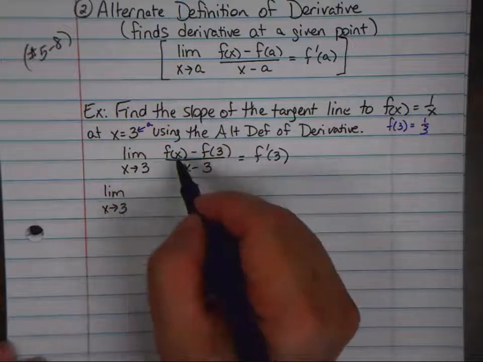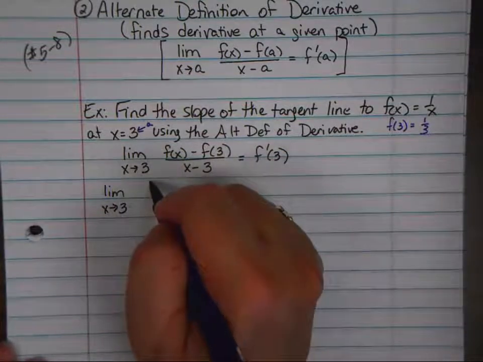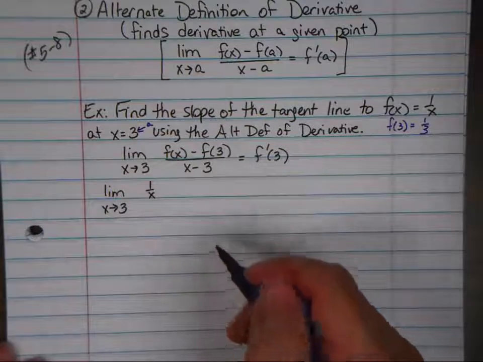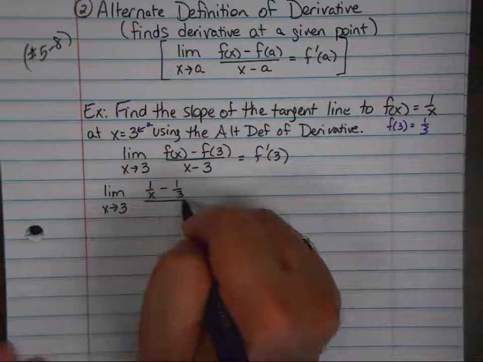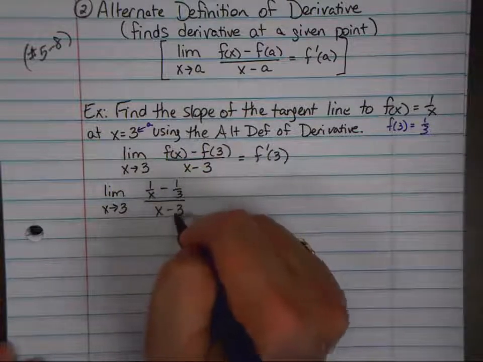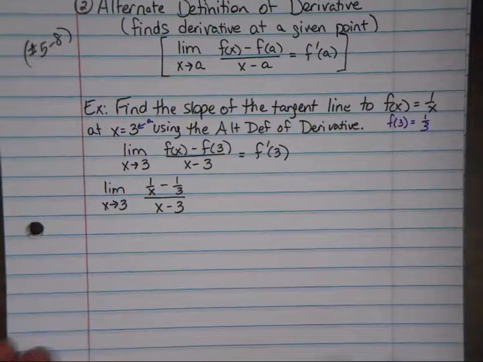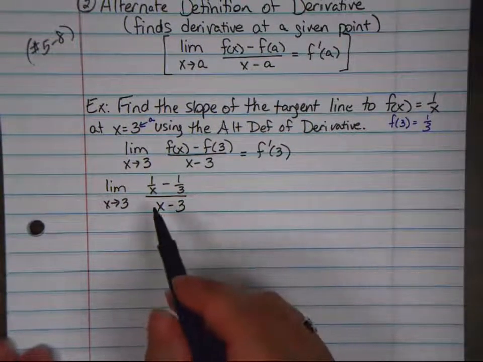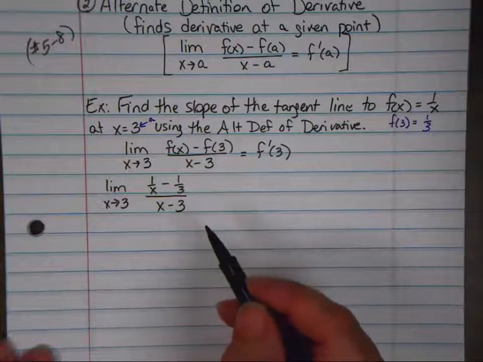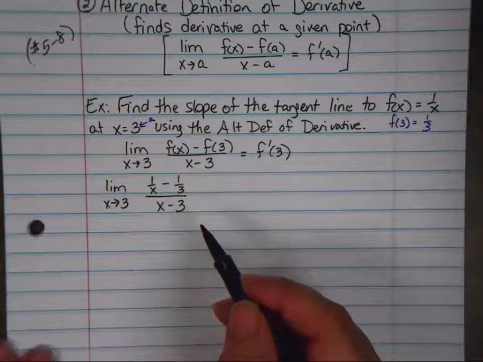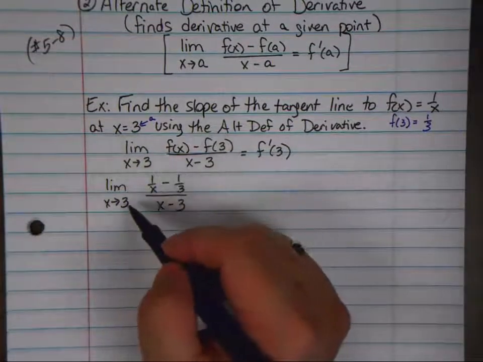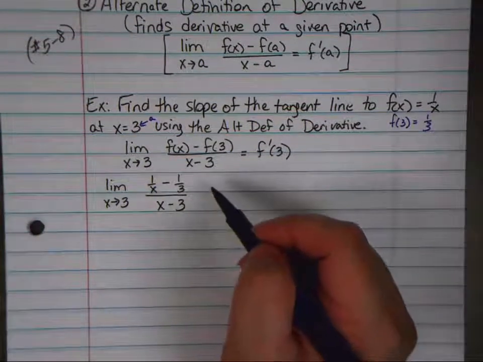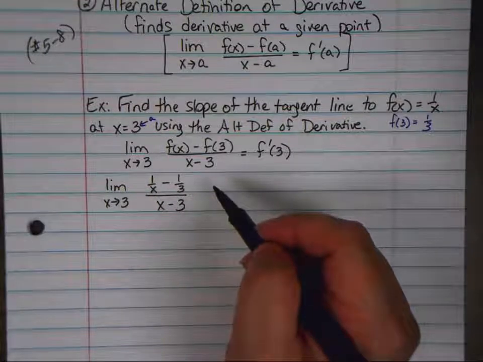Limit as x approaches 3 of f of x, which is 1 over x, minus f of 3, which is 1/3, over x minus 3. There's my problem. Don't write the right side down. This one's a lot better, because there's only one letter in there, x, unlike the last one, which was x's and h's. If I plug in 3 for x right now, am I going to get 0 over 0? Yes. So I have to keep going.